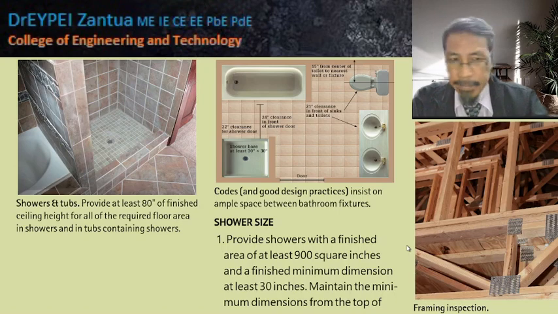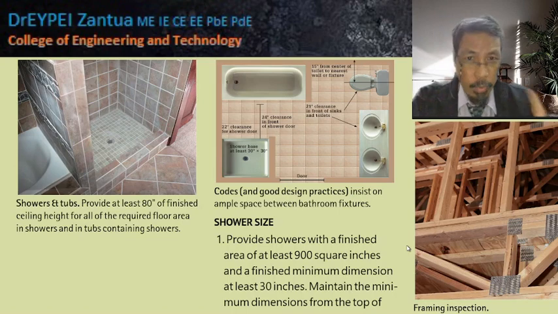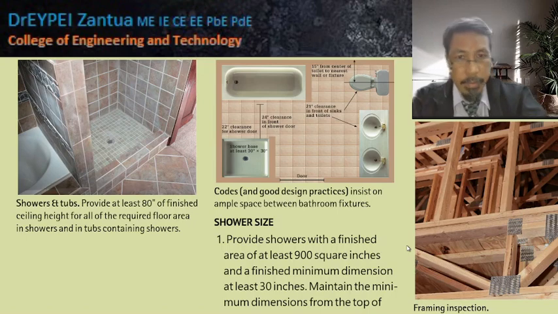I think we have in the Philippines 375. 375 from center to the wall, and from center to the next toilet bowl, the toilet bowl to toilet bowl distance, that is, I think, 760 or 750, something like that.